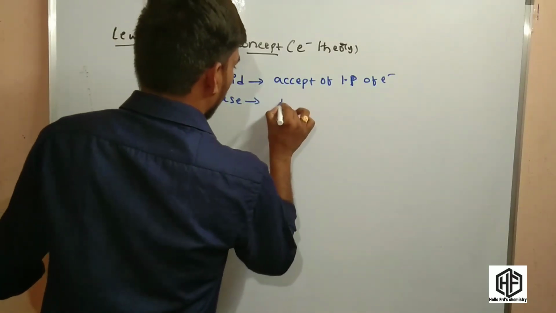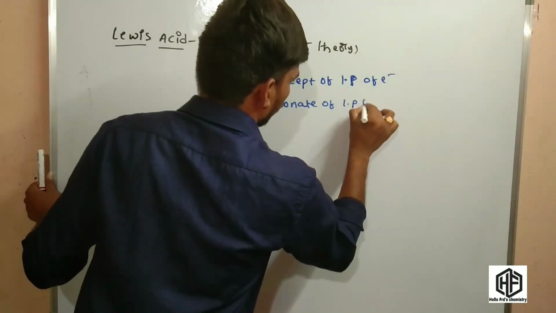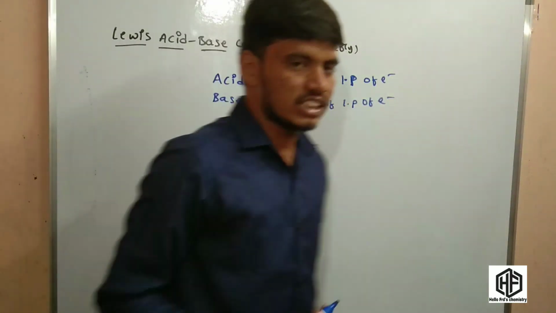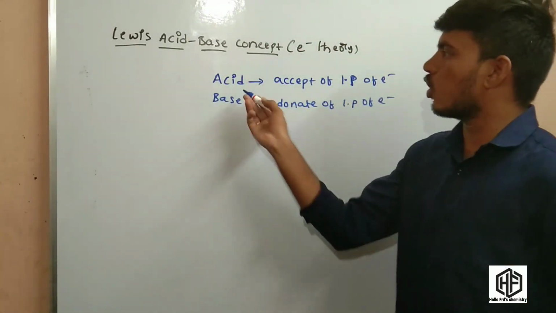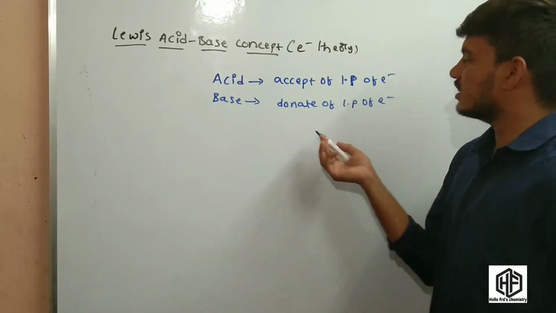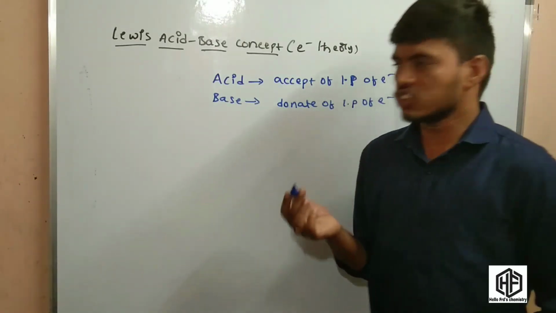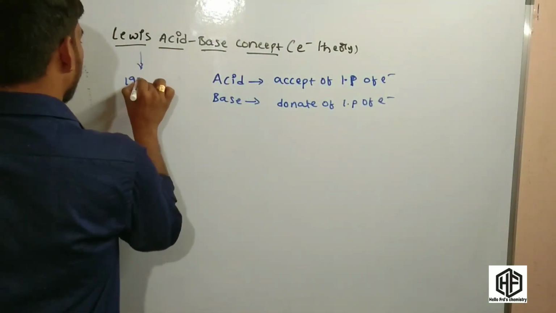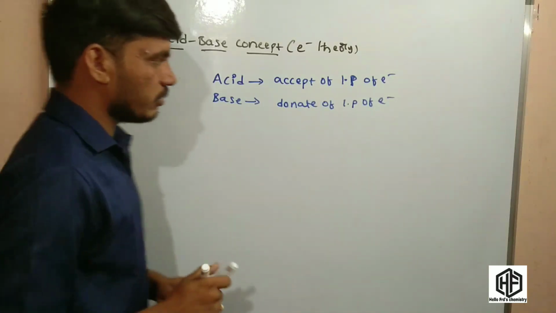A base is a donor of a lone pair of electrons, that is called a Lewis base. This concept was given by Lewis in 1923. This is a very important concept in acid-base theory.